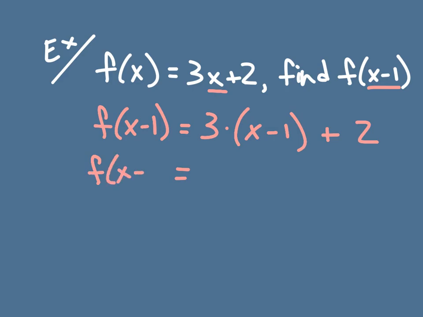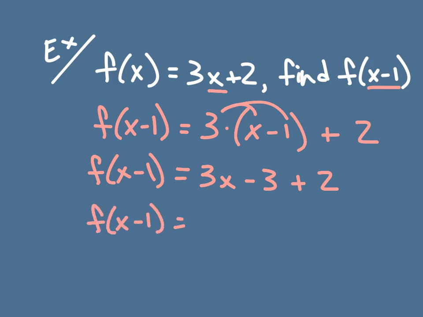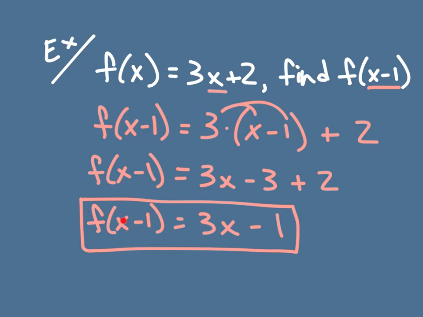From here, I want to simplify. For f of x minus 1, I'm going to distribute my 3, so we get 3 times x, which is 3x, and then 3 times negative 1, which is negative 3, and then add 2. My next step is to collect like terms, so I get 3x, and negative 3 plus 2 is negative 1. So when I plug an expression into my function, it's going to give us another function, a new function.